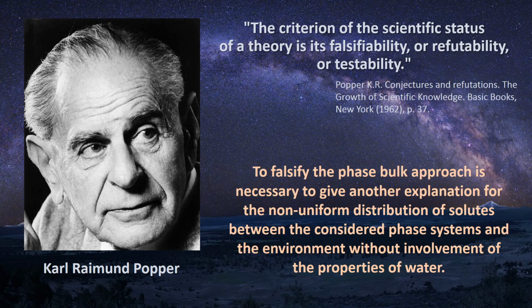To disprove the bulk phase approach, it is necessary to give another explanation for the non-uniform distribution of solutes between the considered phase systems and the environment. If this is not adsorbed water, which explanation is possible without water?